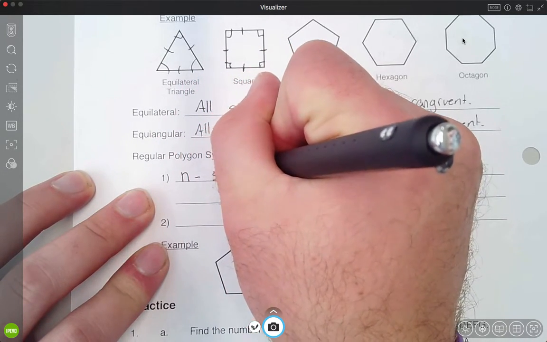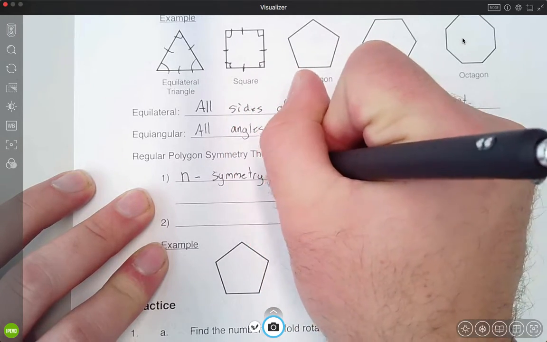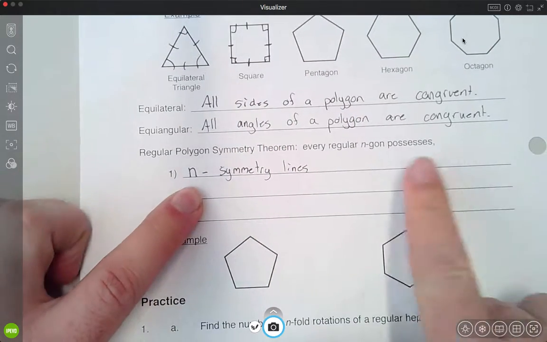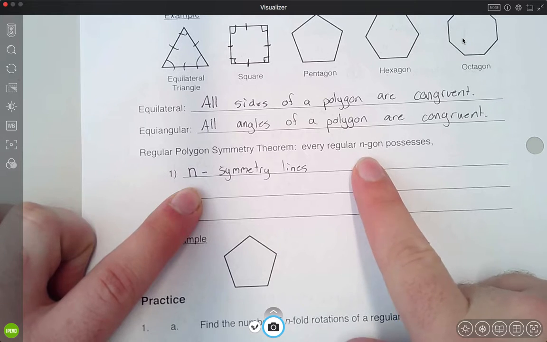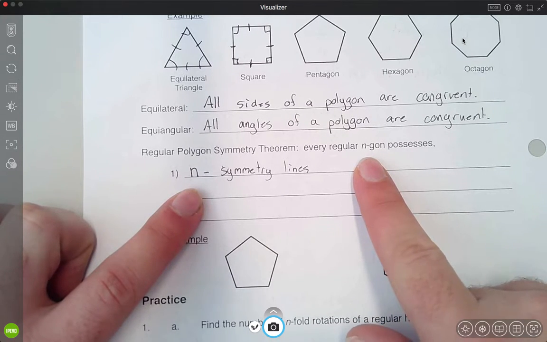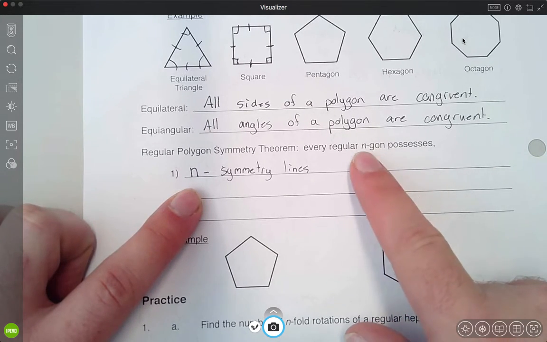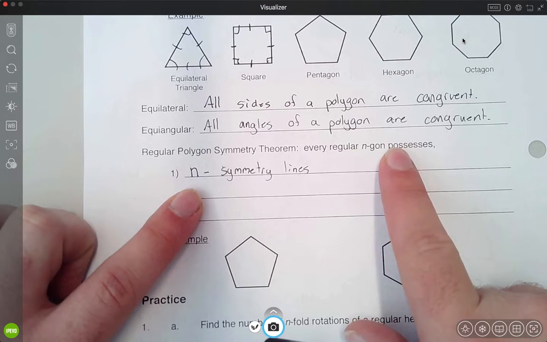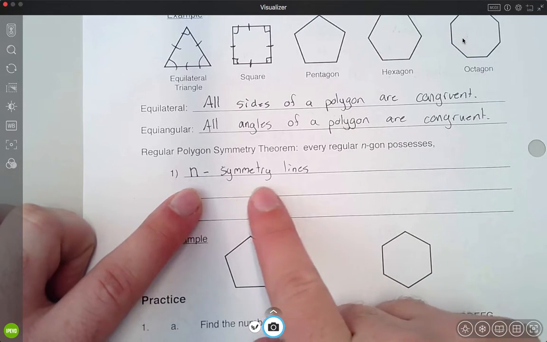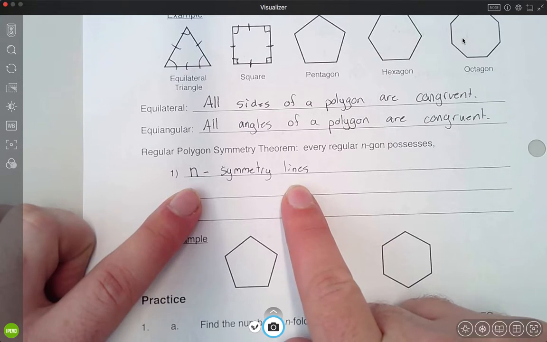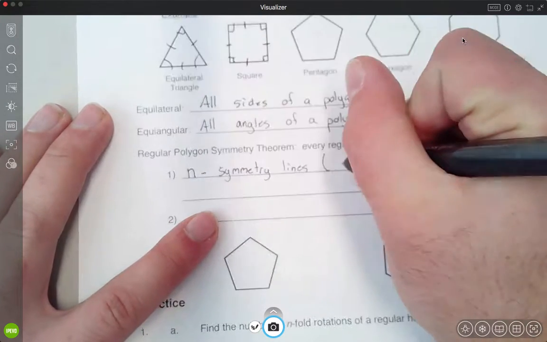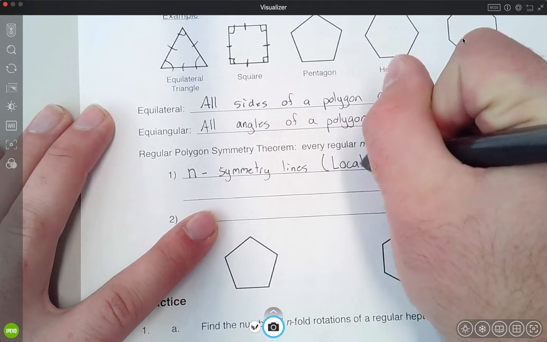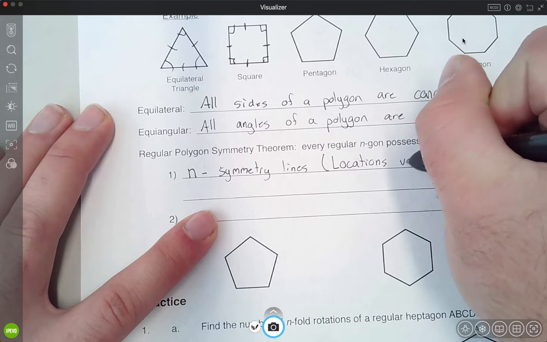Okay, what that means, that n is the same number of sides. So if I'm in an n-gon, okay, that could be 8 sides, that could be 12 sides, whatever the number is that shows up in front of the gon, or if I give it one of its special names, it possesses n symmetry lines. Okay, those lines can vary a little bit. So we're going to say that the locations vary. But I do know a couple things about those lines.